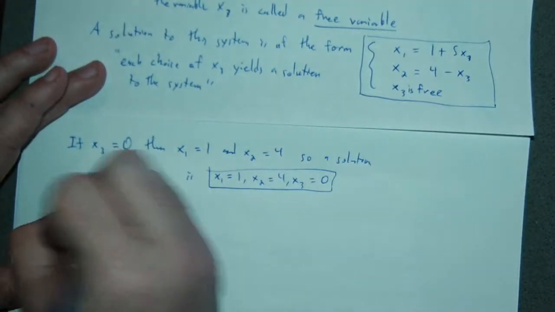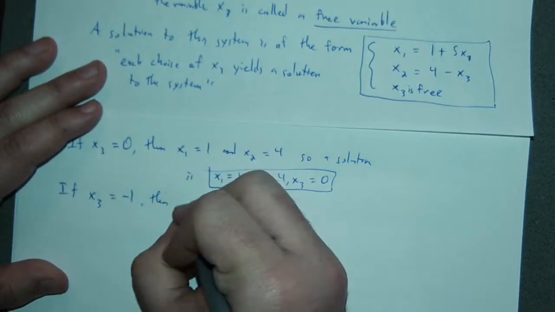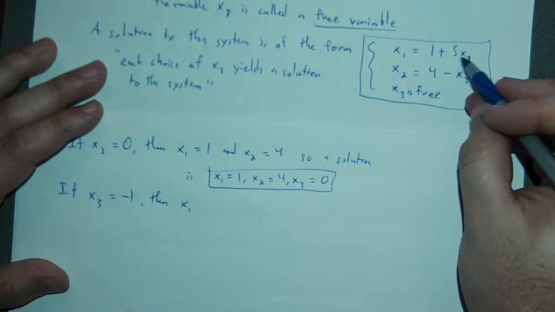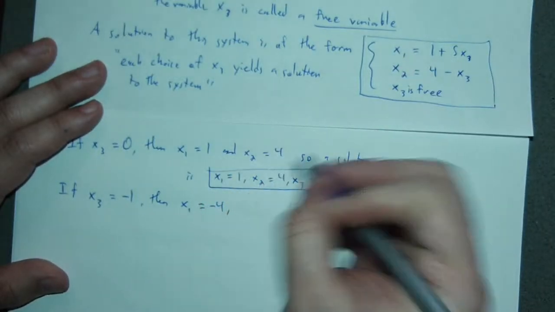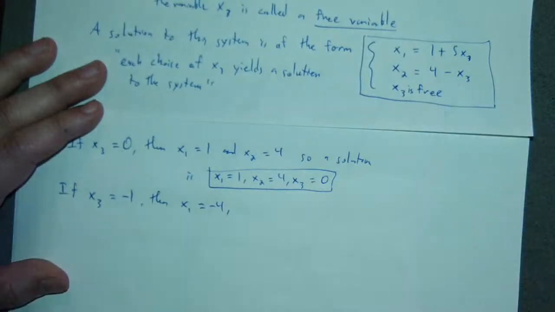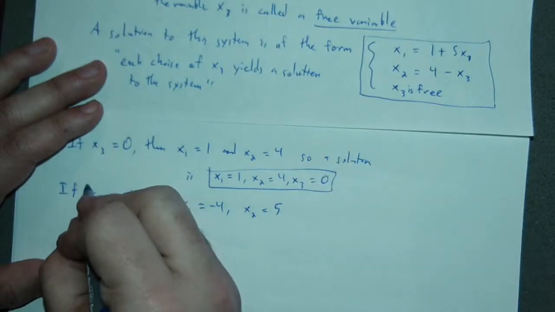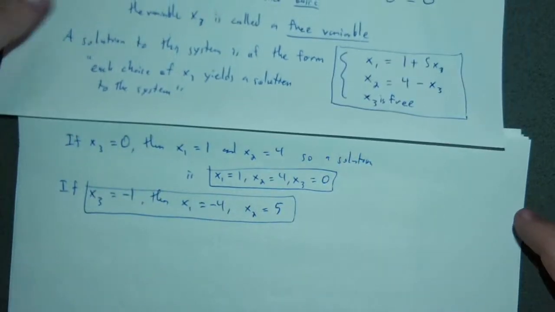And if x sub 3 is equal to minus 1, then x sub 1 is 1 plus minus 1 times 5, so it's 1 minus 5, so that's minus 4. And x sub 2 is 4 minus minus 1, so that would be 5. And so a solution would be minus 4, 5, minus 1.